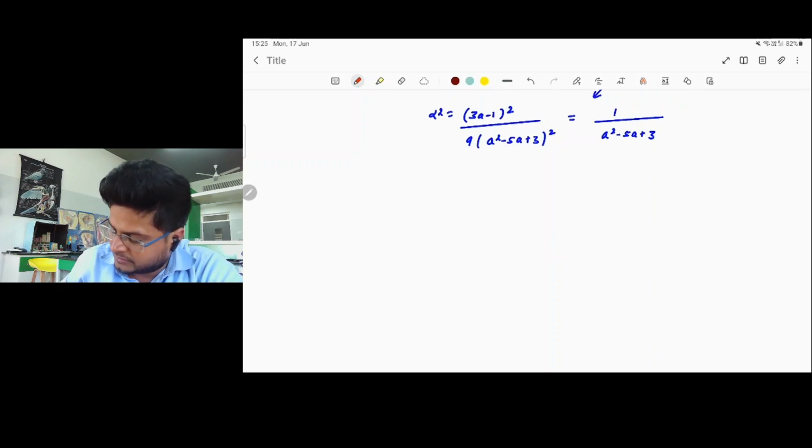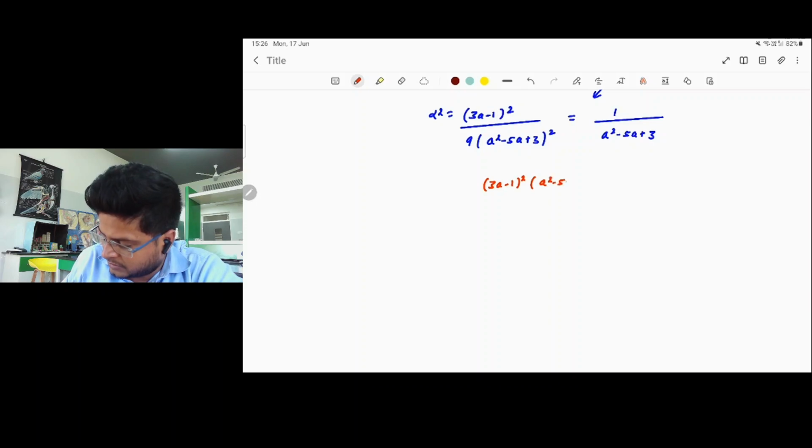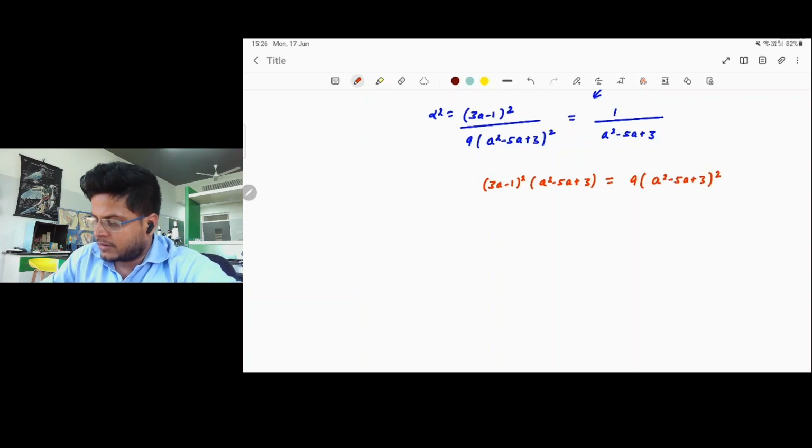So can we write from here 3a minus 1 whole square, can we write like this?